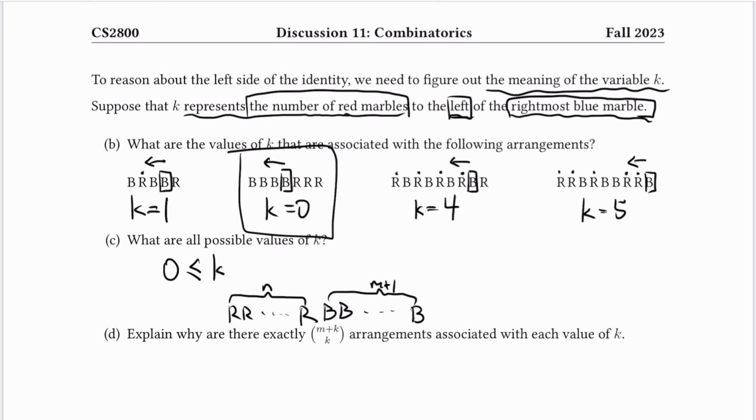In this case, we place all the red marbles to the left of the blue marbles. So here, k equals n. And because we only have n red marbles, k can be n at most. So from this question, we find that k can be any integer from 0 to n.